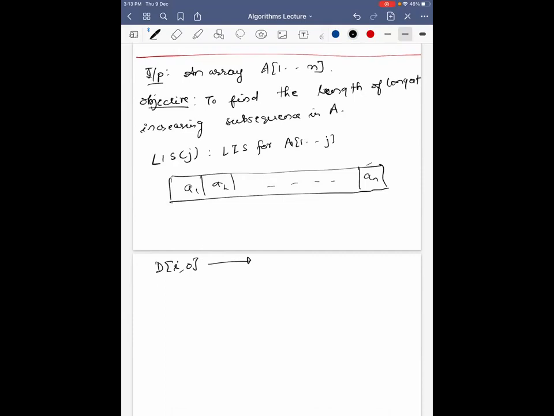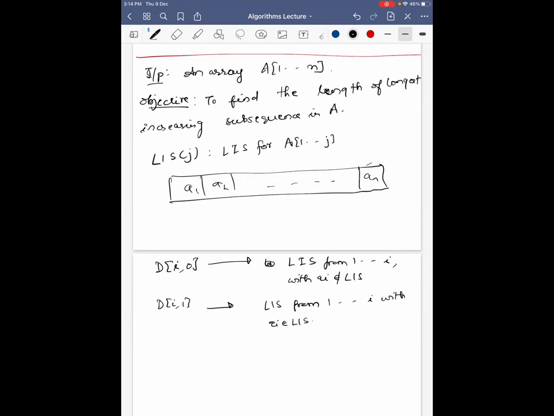DI0 would be the length of the longest subsequence from 1 to I with the element AI not present in it. And DI1 is the LIS from 1 to I where AI belongs to the longest subsequence. At the end we check the maximum of DN0 and DN1.